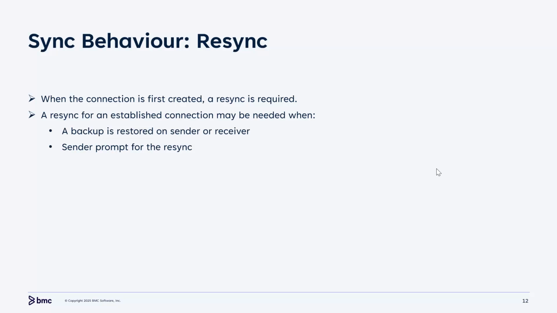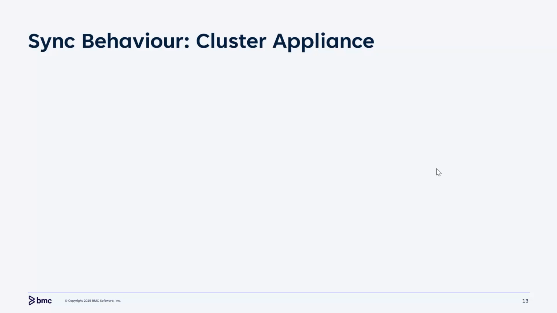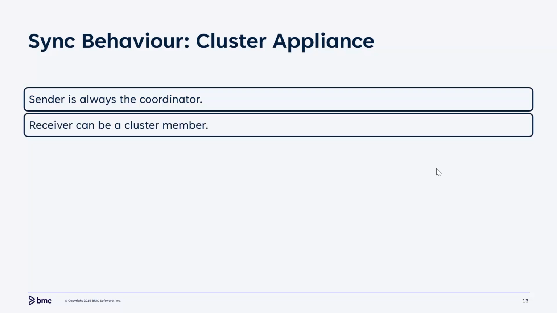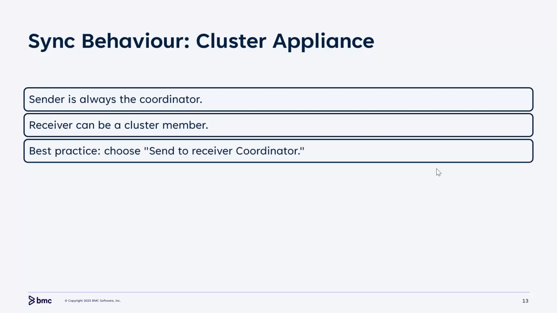Let's talk about the final inferred sync behavior, that is how the inferred sync happens in a clustered environment. If your sender is clustered, then the data is always sent by the coordinator of that cluster. On the receiver side, you could choose to use one of the cluster machines while creating the connection. But the recommendation is that you should always send the data to the receiver coordinator as well.